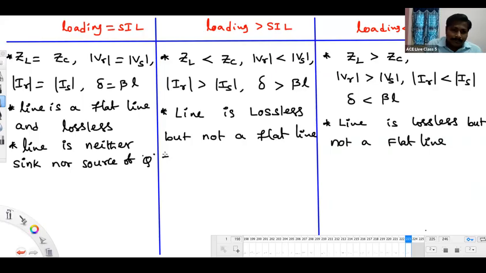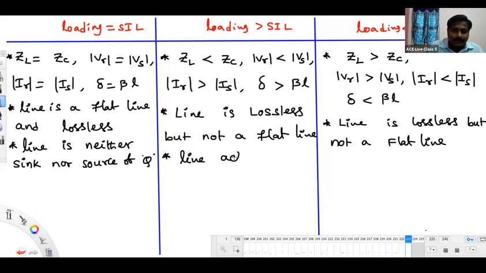So what is the behavior of this line with respect to reactive power in the case of loading greater than SIL? Tell me please, what's the behavior of the line? The line will be acting as a sink of reactive power.